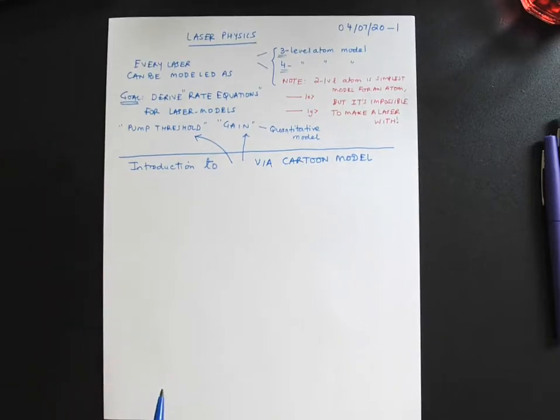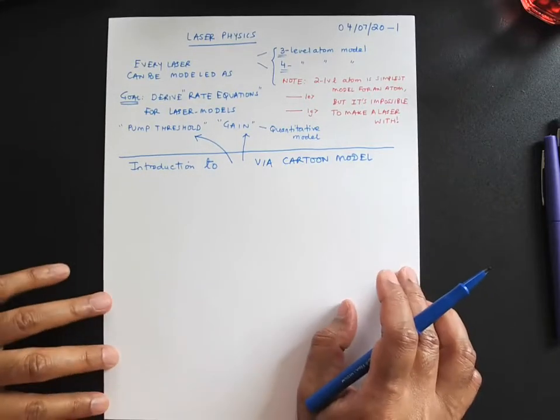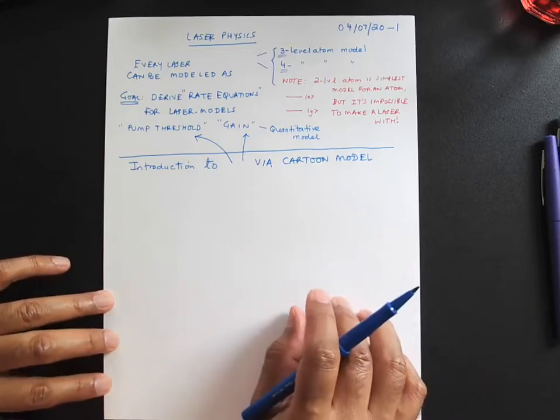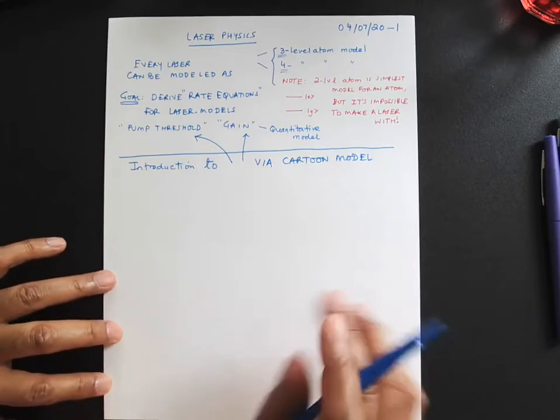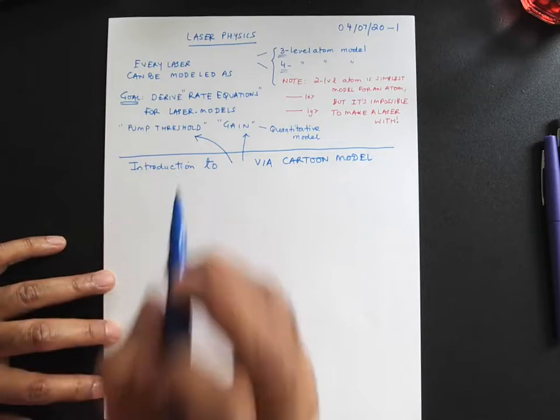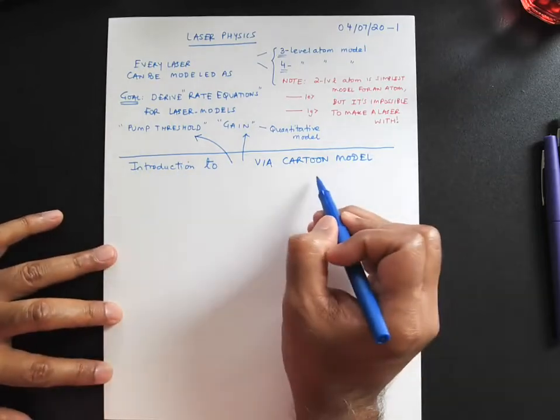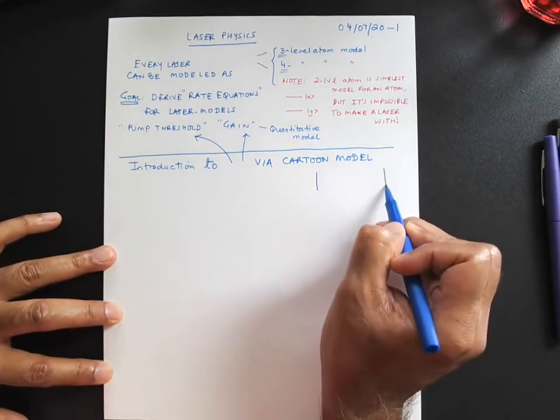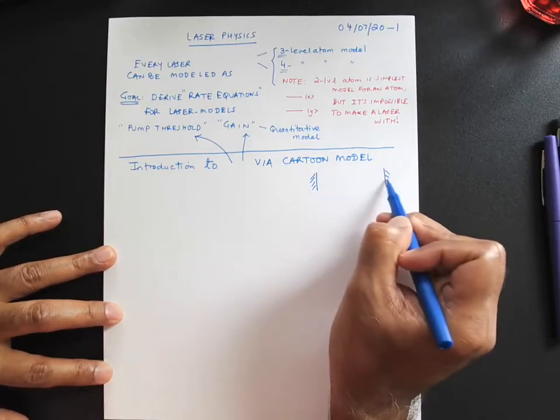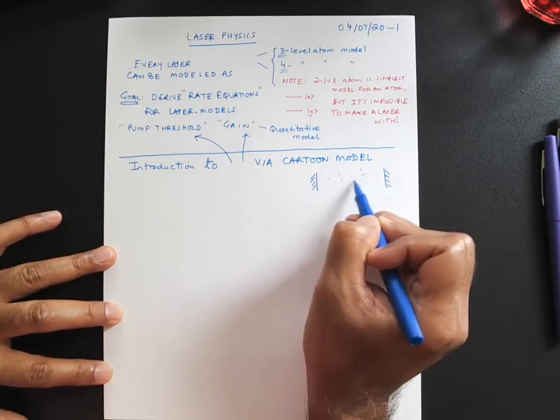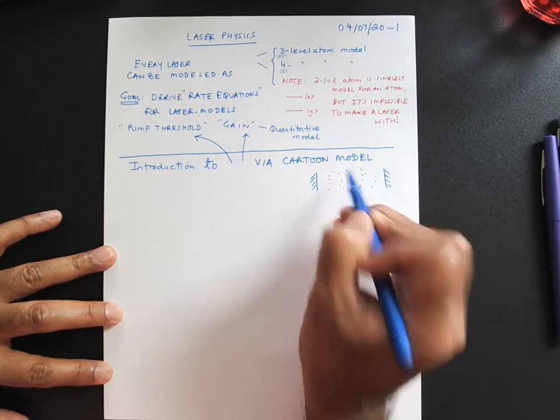It's a cartoon model with numbers and stuff. So here's the cartoon: the laser with the two mirrors, and there's the gain medium inside, like that.